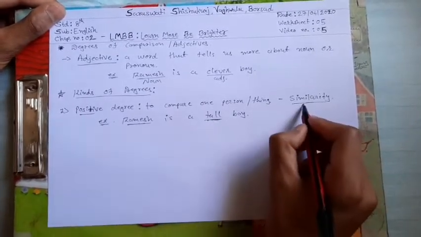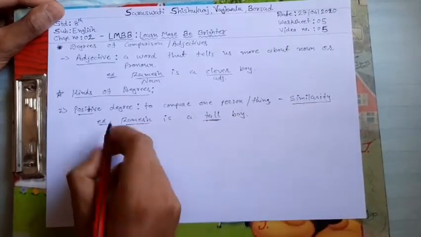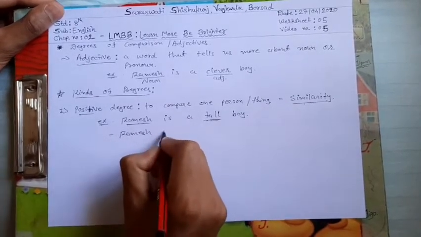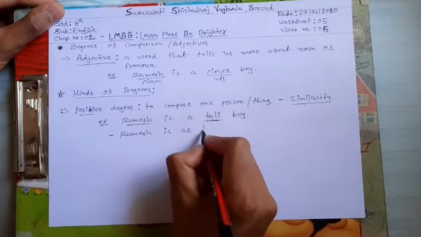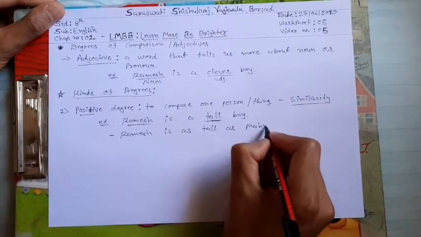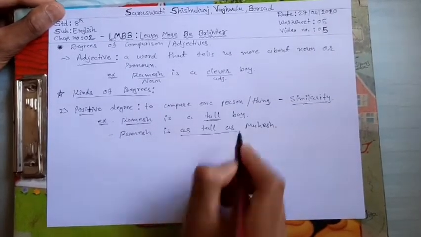Now similarity, but for what? For one person or one thing. For example, Ramesh is as tall as Mahesh.